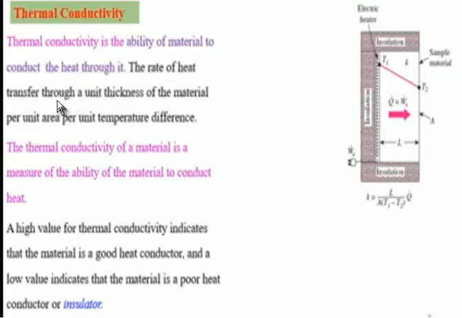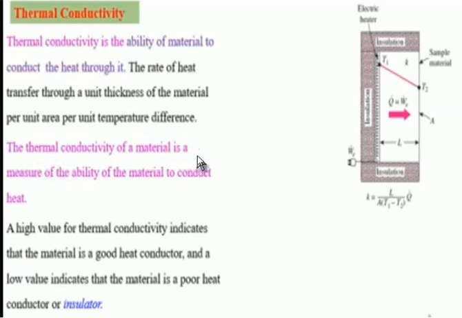It can also be defined as the rate of heat transfer through a unit thickness of the material, delta x equal to 1, per unit area, that is A equal to 1, per unit temperature difference, that is T1 minus T2 equal to 1. In this way also we can define the thermal conductivity.